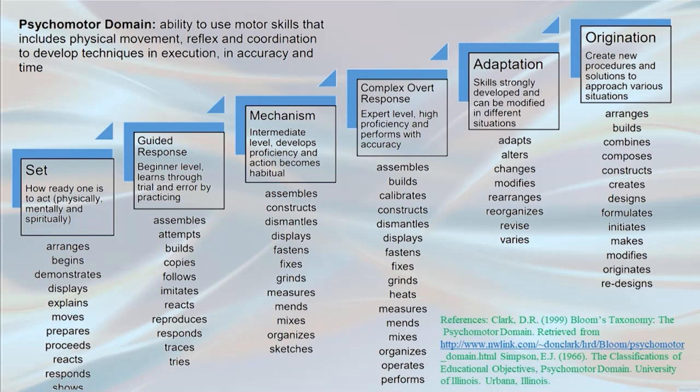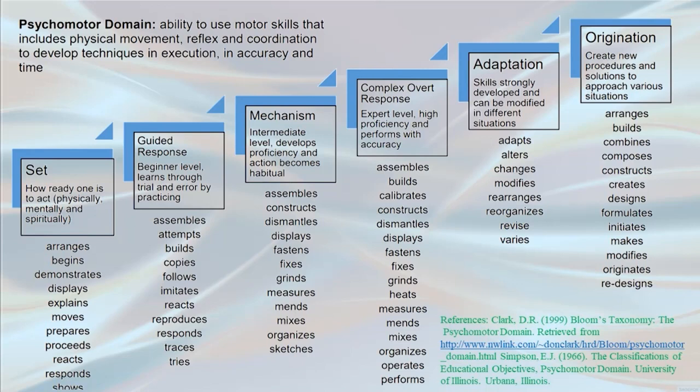The next level is complex response. Actually, this level is kind of expert level, in which the learner has high proficiency and performs with accuracy. For example, operating and running machines efficiently, or doing a medical procedure with proficiency and confidence. In the next level, which is the adaptation level, skills are strongly developed and can be modified in different situations.